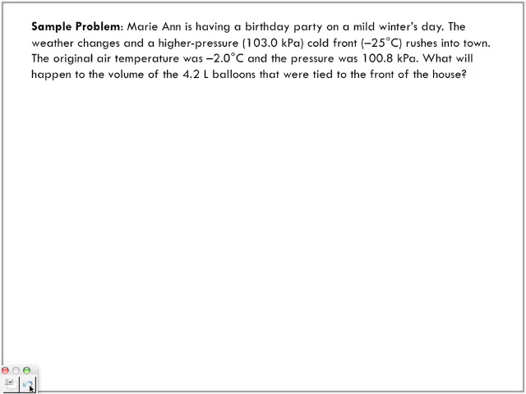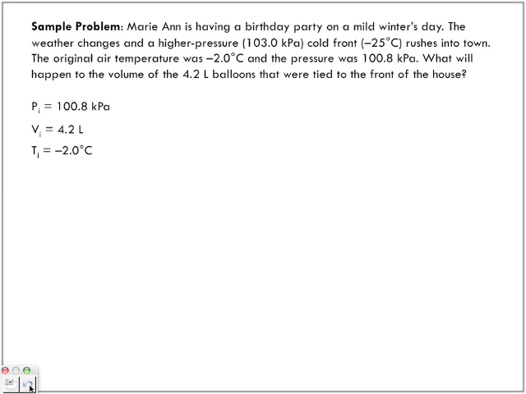Now let's identify the various sets of units and which are initial pressure, volume, temperature. Our initial pressure, 100.8 kilopascals. So it went from 100.8 kilopascals to a higher pressure of 103.0. Our initial volume of the balloons was 4.2 liters.